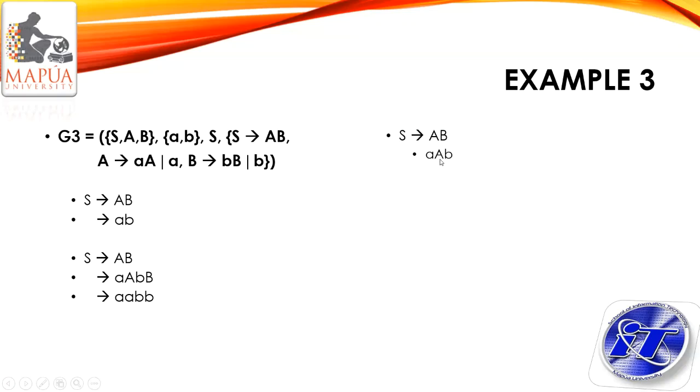Then for capital A, I could replace it by the second option. So now I have two small a's and one small b. Based on this example, we could have different lengths for a and b. It depends on how we substitute capital A and capital B by the rules. Therefore, the number of a's and b's could be the same or it could be different.